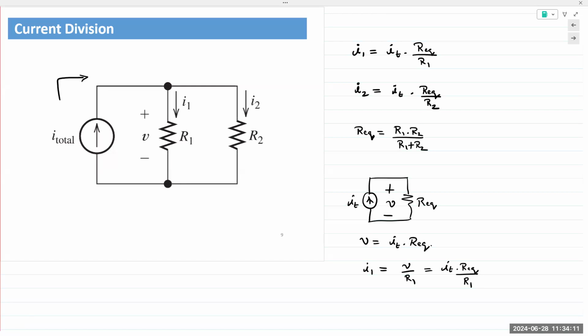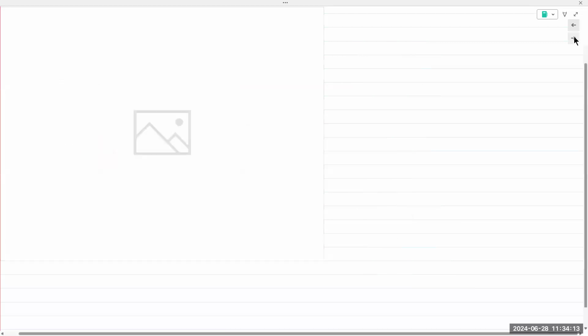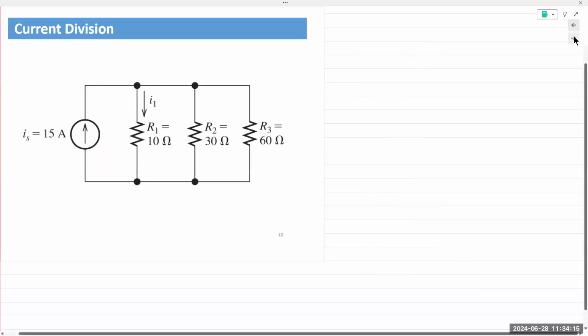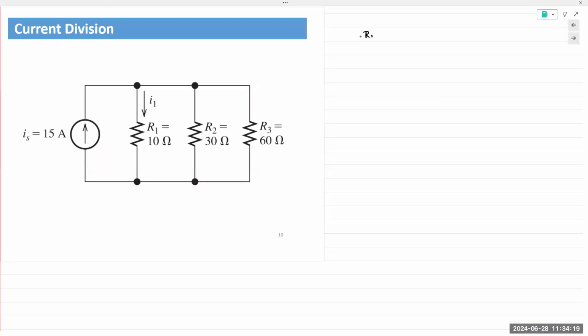Okay, ready to look at an example? Current division, 3 resistors in parallel. Total Req is the reciprocal of the sum of the reciprocals. Oh, 1 over 10. If you have a calculator, please take it out and tell me what the answer is.